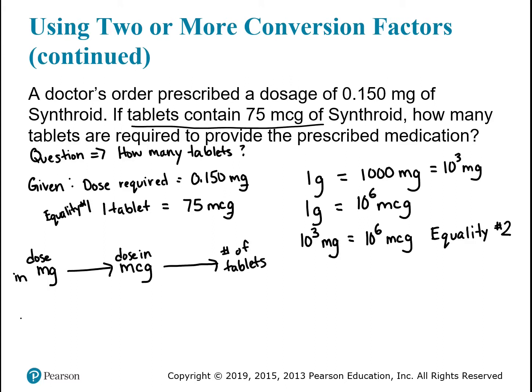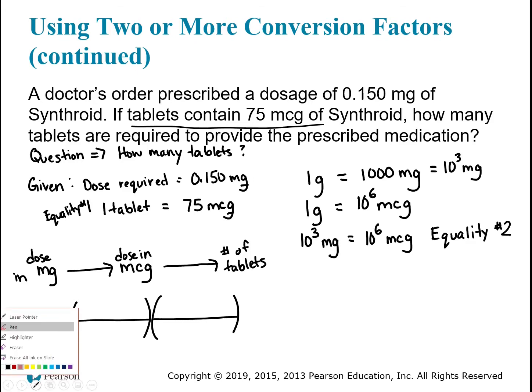So let's start. We've got 0.150 milligrams that we need to have. We're going to write in our first equality to go from our dose in milligrams to our dose in micrograms.